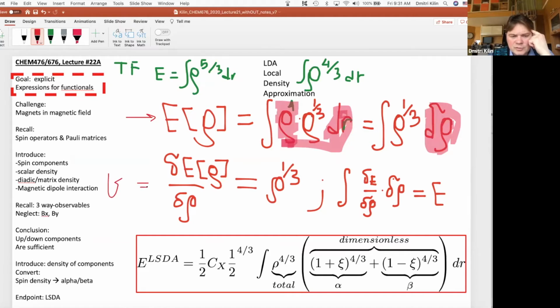So the potential will be a functional derivative of energy with respect to total density, and we just remove the symbol of integral and remove this delta rho. So the potential will be density to the power 1/3. And one also needs to discuss sign and constants, but I'll better skip it.